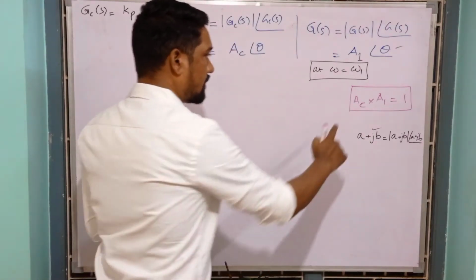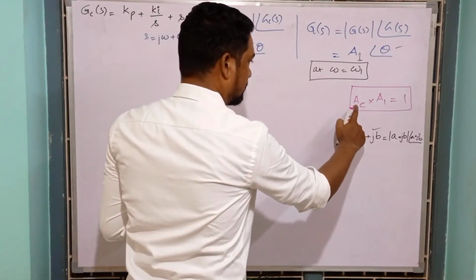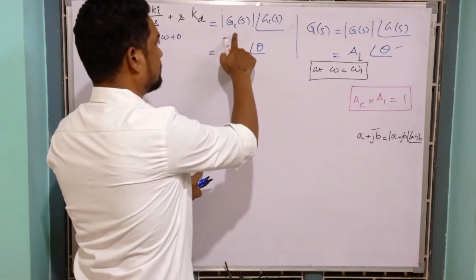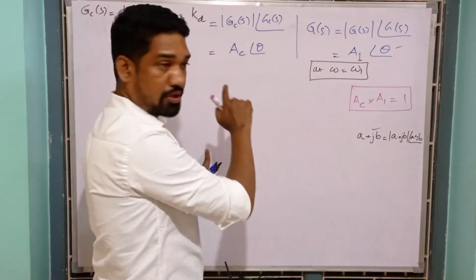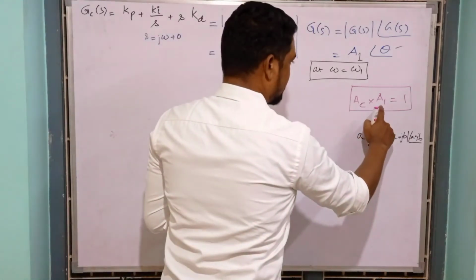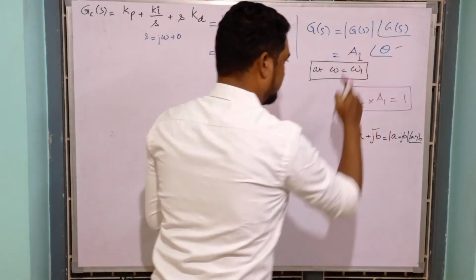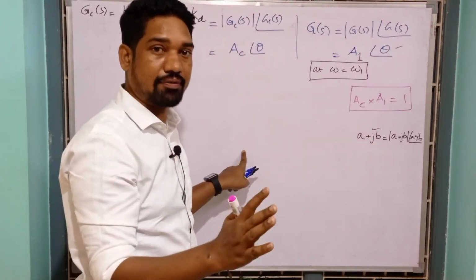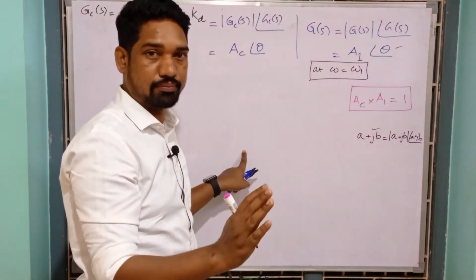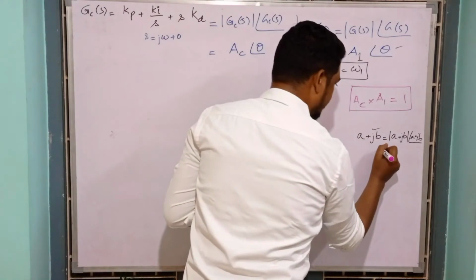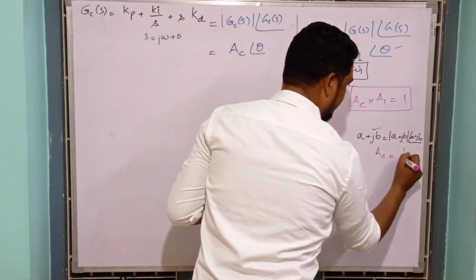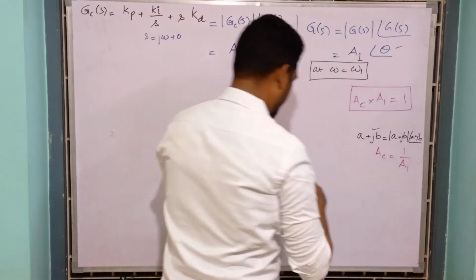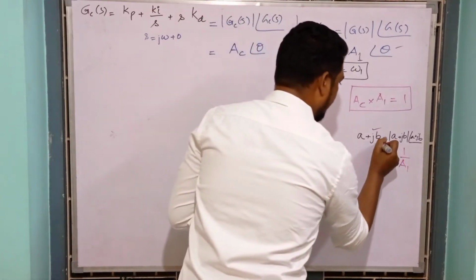Once again, I repeat, AC is the magnitude of the system providing compensation, a PID controller, and A1 is the magnitude of the open loop transfer function, plugging in the value of omega equal to omega 1. From this, AC will be equal to 1 by A1.